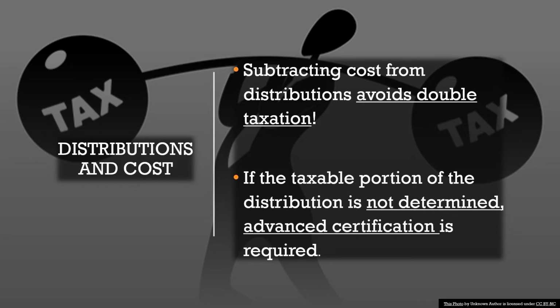So as long as the taxable distribution is determined and it's exactly as it's reported on the 1099-R, you can enter the form into TaxSlayer as a basic certified volunteer. But if there's any sort of calculations or things that need done around that, you would need to have advanced certification.